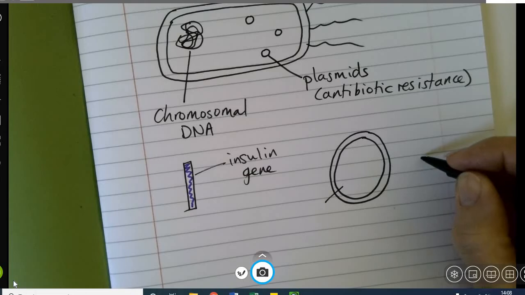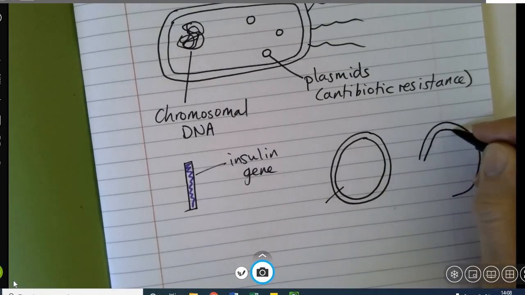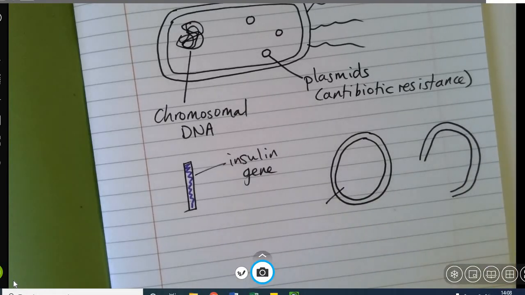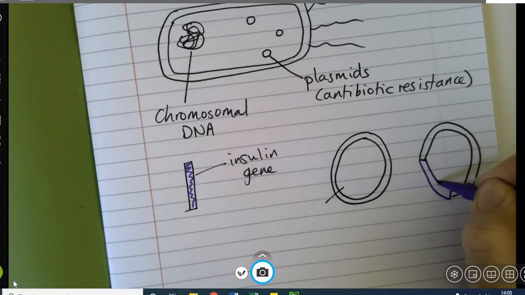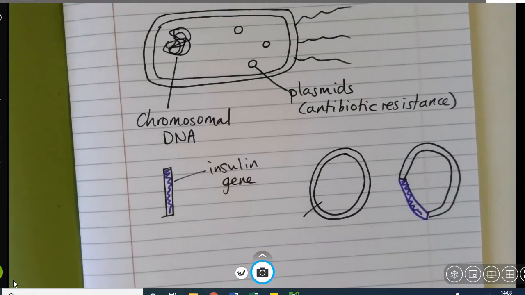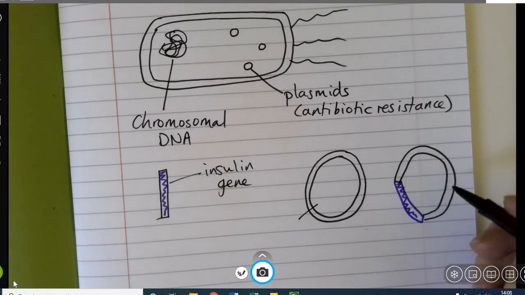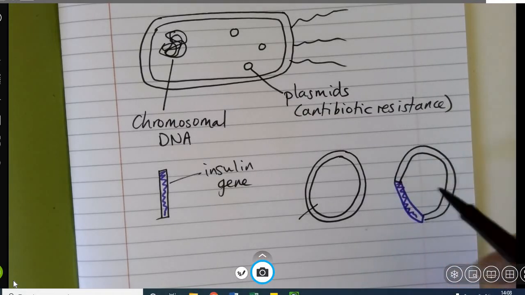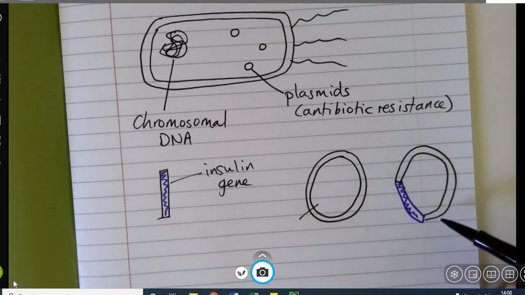So I can end up with a plasmid like this that's mostly made of bacterial DNA, but it has added into it this extra bit of DNA from the human. So we have a plasmid containing a human gene. I can then put this back into my bacteria, and as the bacteria multiply, they produce a population that all contain this plasmid with this human insulin gene.